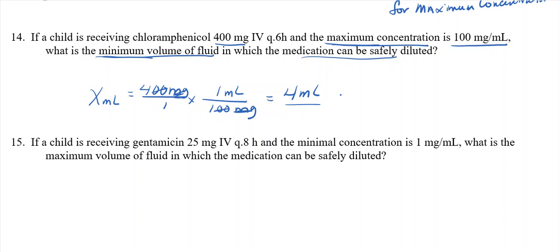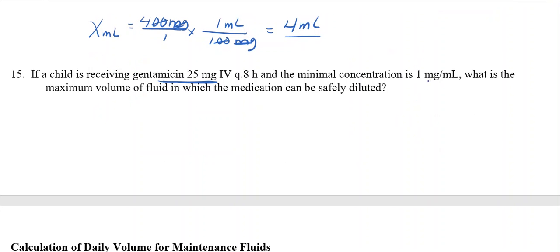Okay, I guess I can go ahead and do 15. If a child is receiving 25 milligrams of gentamicin and the minimal concentration is 1 milligram per milliliter, what is the maximum volume? Okay, so this time we're doing it backwards. I'm looking for the minimum concentration to get the maximum volume. I want to really dilute this. I want to make it really weak. The less fluid you add, the stronger the medication.